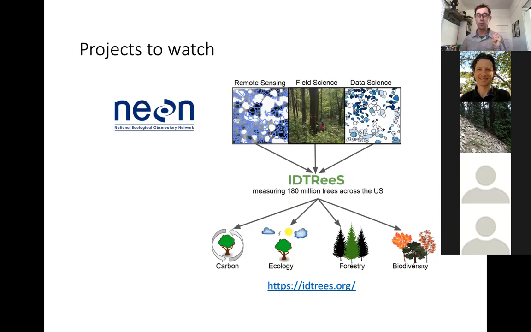So if you want to know where the cutting edge is in terms of extracting information from point clouds or point clouds plus imagery data, because there's an aspect of the competition that's focused on imagery as well, it's a great way to get a sense of what the cutting edge is like, to figure out who's winning these data science competitions. There's a ton of information on idtrees.org. Cool project run out of the lab at the University of Florida.